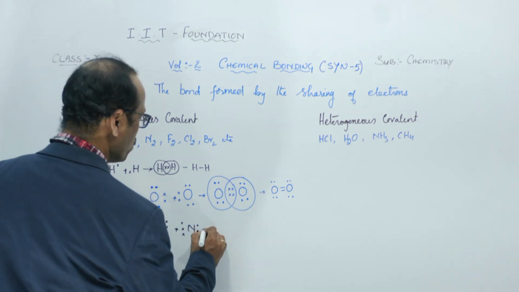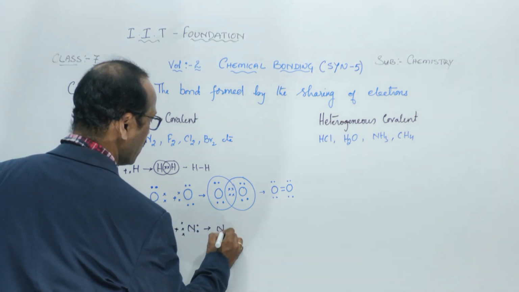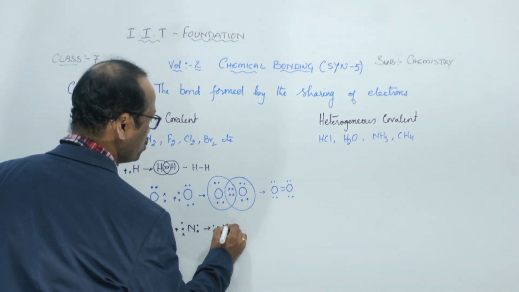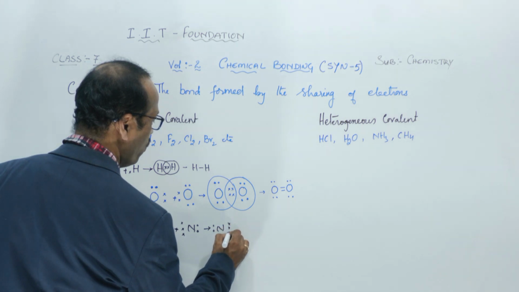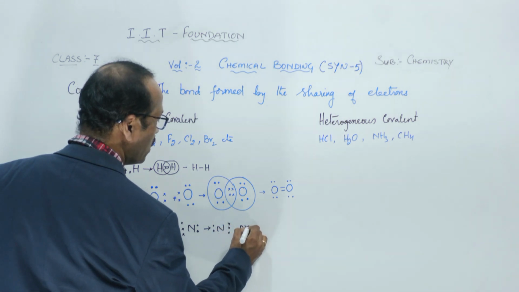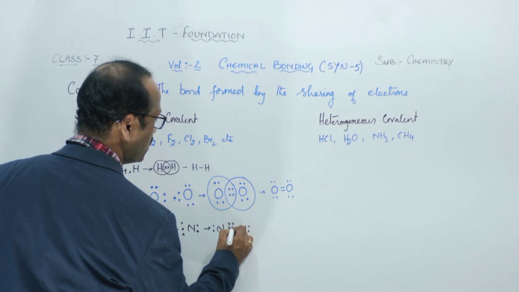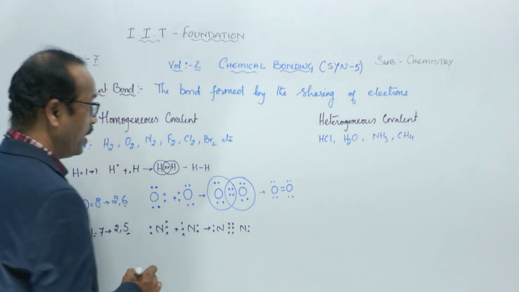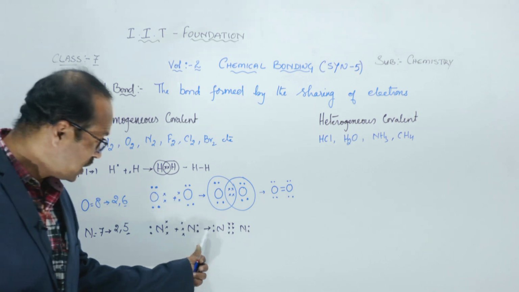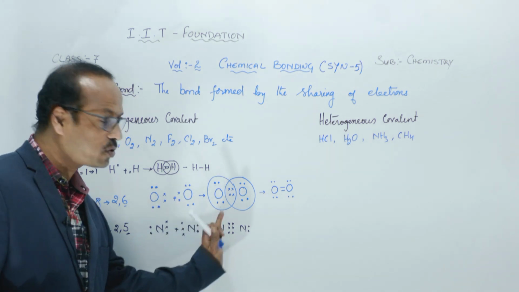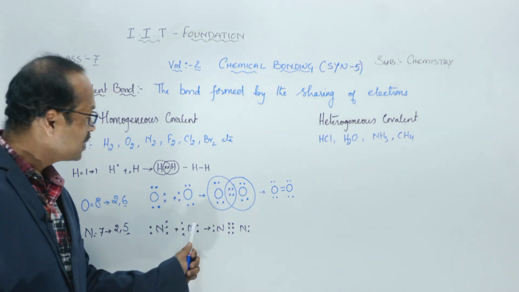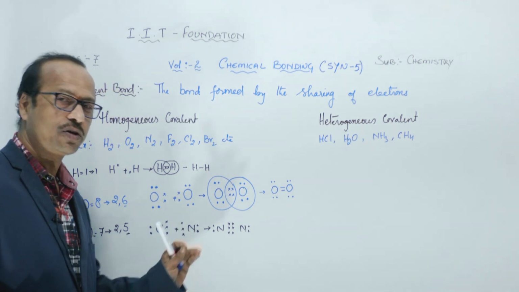Now what happens? These both will combine. Nitrogen 1, 2, 3, 4, 5, and this nitrogen 1, 2, 3, 4, 5. This nitrogen is providing 3 electrons for sharing, and this nitrogen is also providing 3 electrons for sharing.